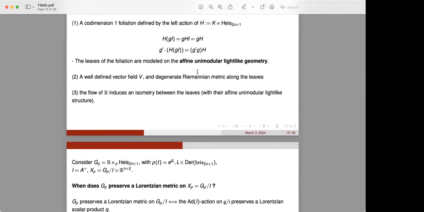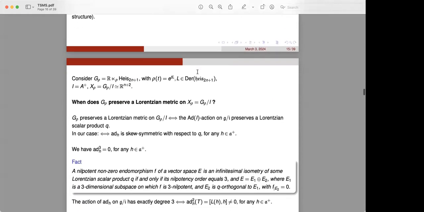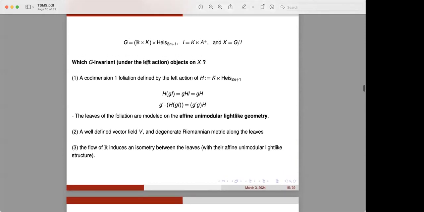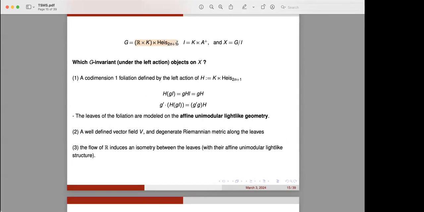So I said that we are considering a homogeneous space of this group. On the homogeneous space of this group, we have a well-defined foliation which is preserved by the group action.